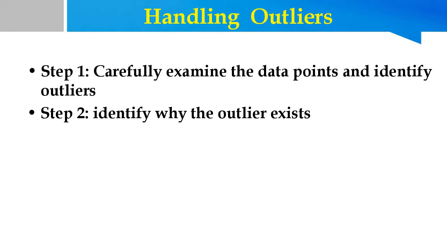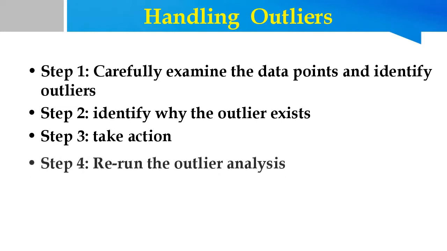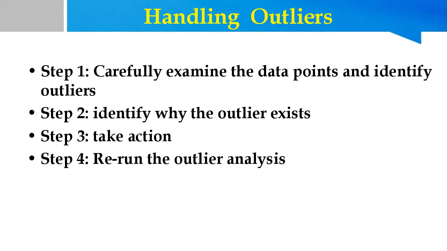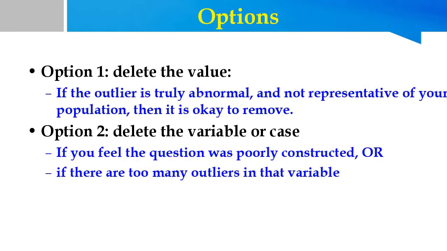So we need to cross-check whether these values are genuine or someone mistakenly typed them in the dataset during the entry process, or any other reason could be there. Then we need to take action. Then rerun the outlier analysis. Let's learn how to take the action. So there are three options available with us.